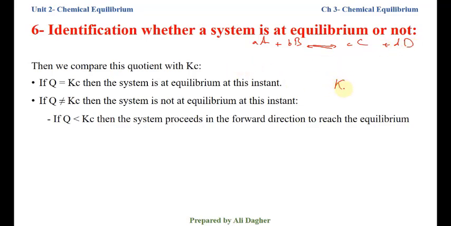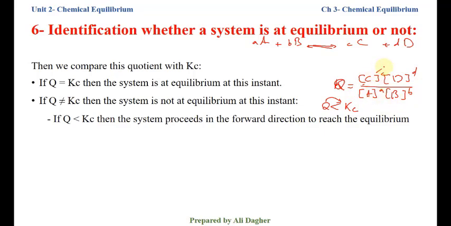The expression of Q equals concentration of C to the power c, D to the power d, over A to the power a and B to the power b. If Q is less than Kc, we should increase Q to become equal to Kc. We should increase this quotient, this fraction.